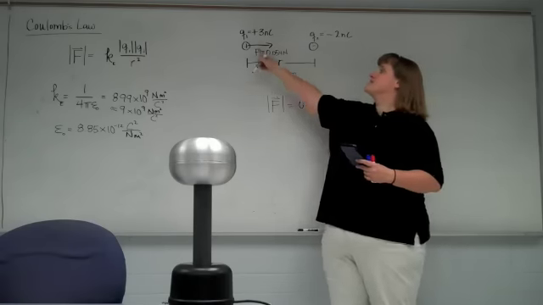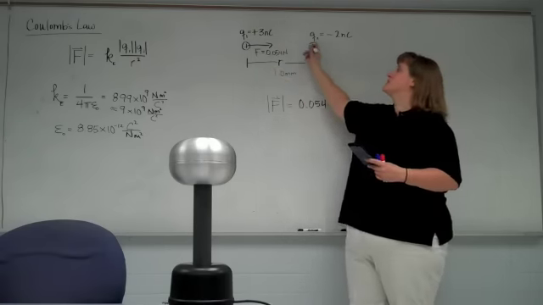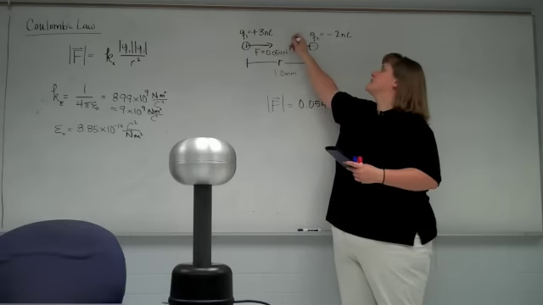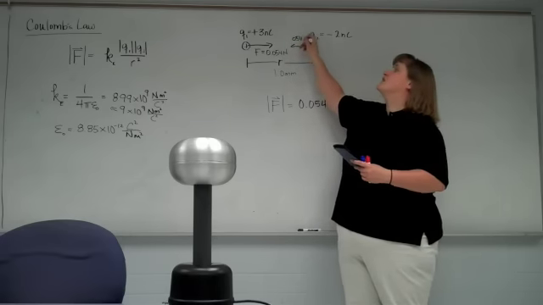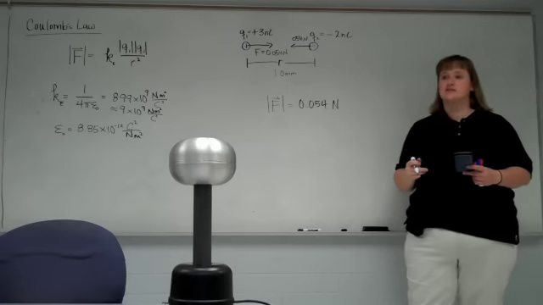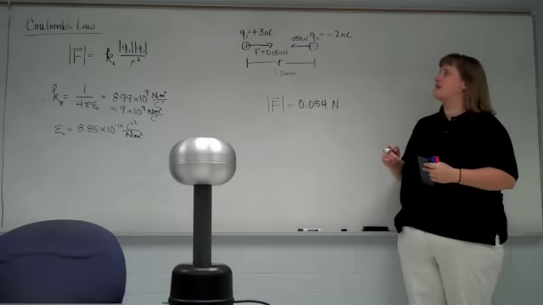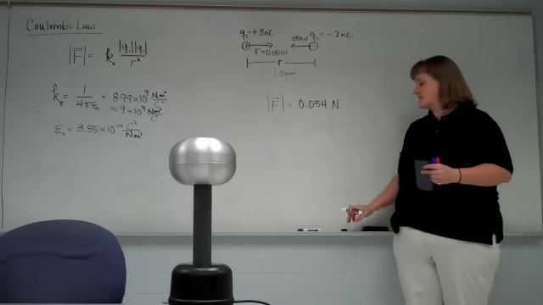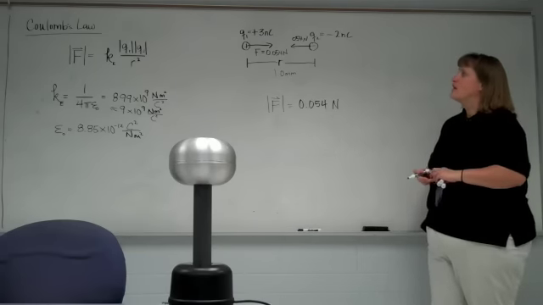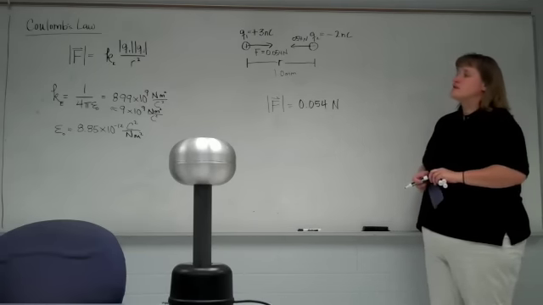But that also means that this one pulls on this one with a force of 0.054 newtons. Newton's third law. For every action, there's an equal and opposite reaction. So even though they don't have the same magnitude of charge, the force they exert on each other is the same. Now, keep in mind force is a vector.